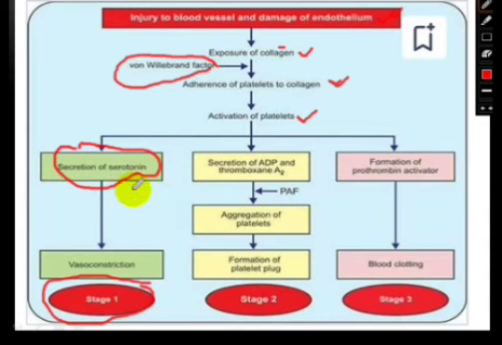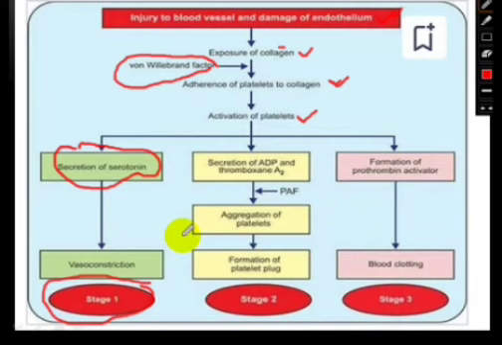Serotonin is a vasoconstrictor metabolite, and it is this secretion of serotonin that will cause the contraction of the smooth muscles within the blood vessels, and it also stimulates the constriction of the blood vessels, causing them to narrow, and when that happens, it reduces bleeding.